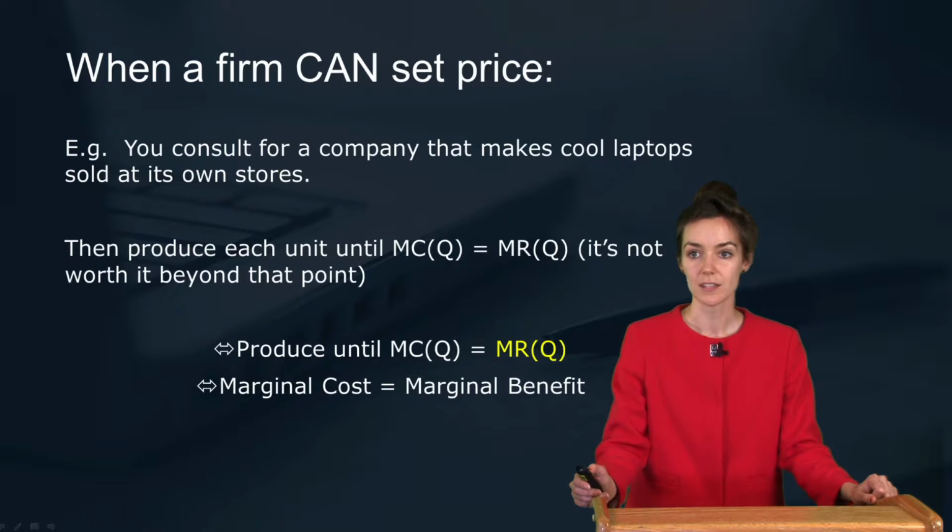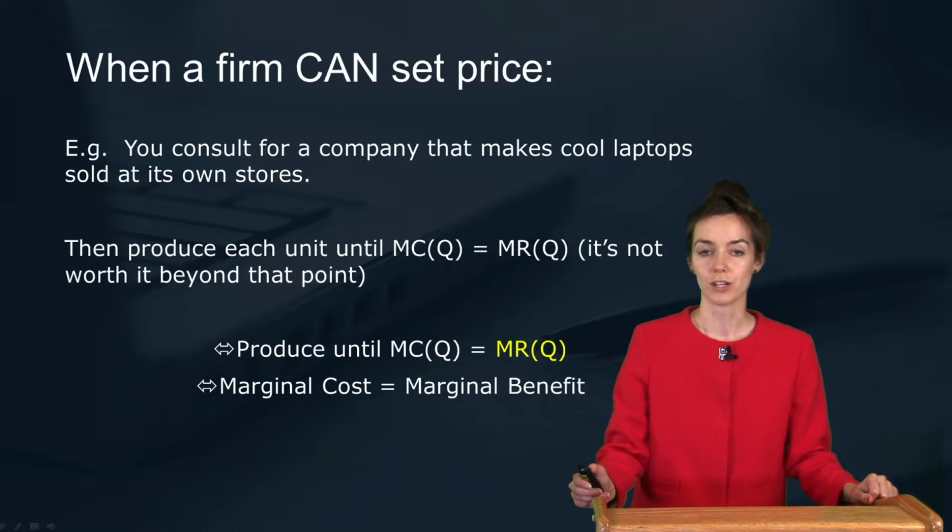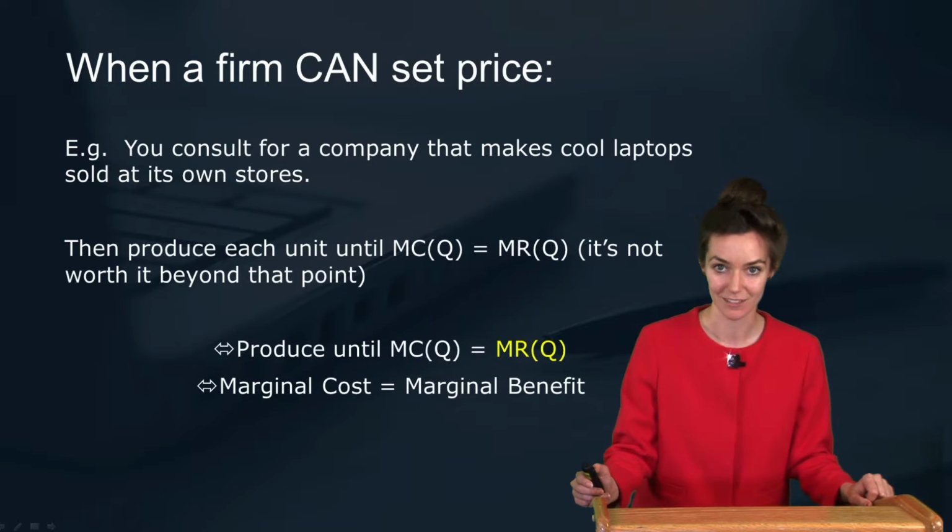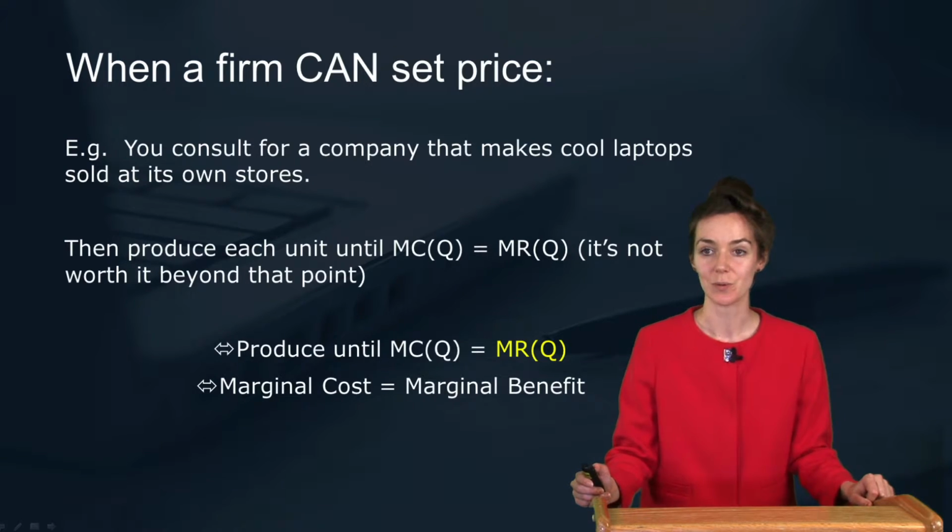So when a firm can set the price, we're going to calculate profit a different way than we calculated it when we had price-taking firms. So it's slightly different. It's not entirely different. We're still going to rely on marginal cost. So we're going to rely on our laptop example in this section. So we have the laptops that are cool and unique, and they're sold at our own stores.